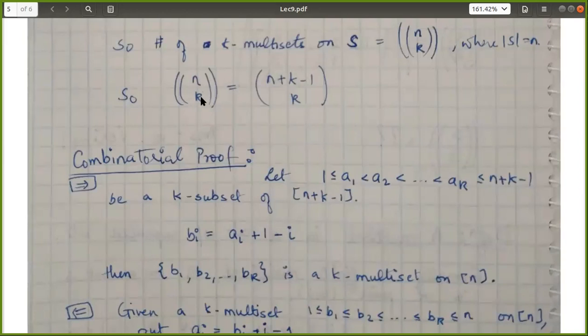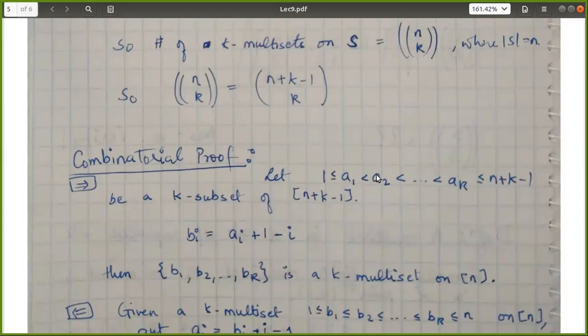I would suggest you go back and try to relate this with the number of non-negative integer solutions problem that we started off with. And from there, independently, you should be able to prove this. I am here giving you another combinatorial proof, and then later we'll see one more application of this and end this lecture.